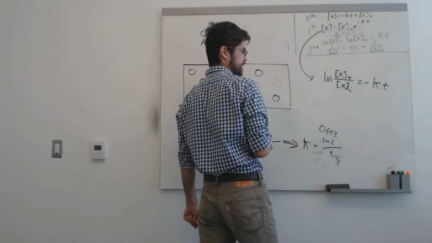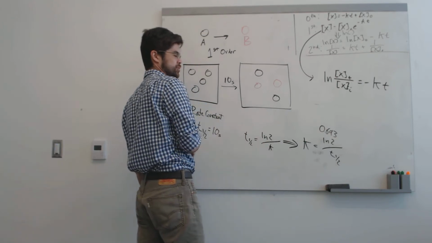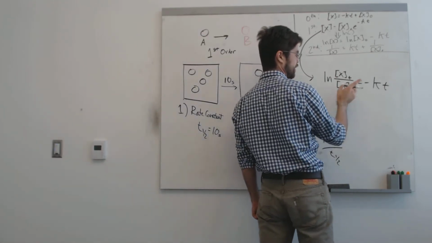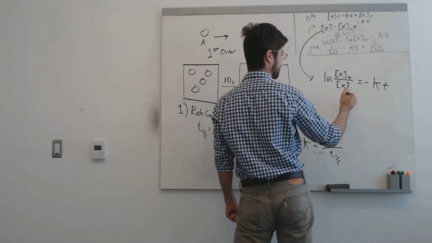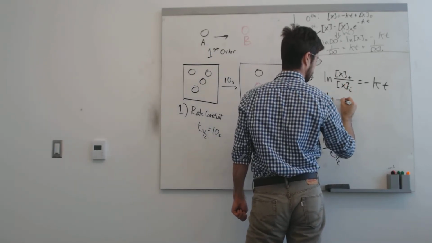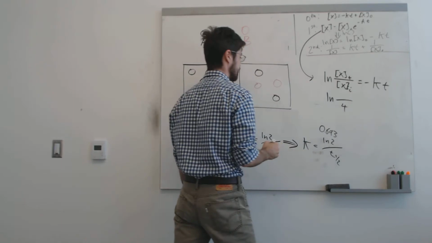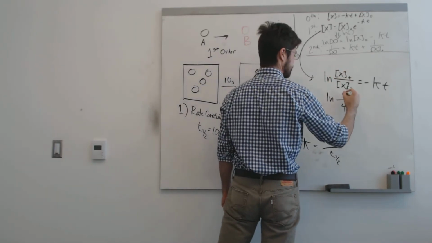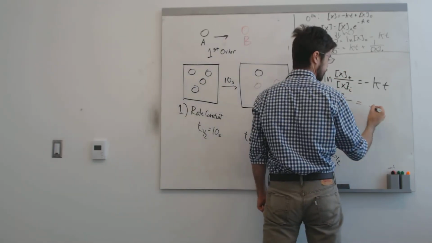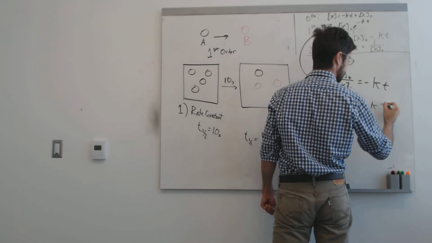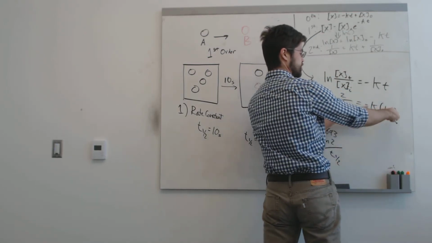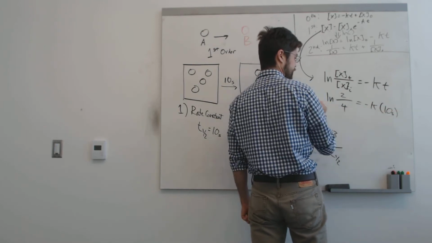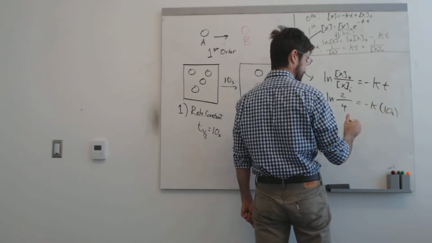So what that person said is they didn't think about it explicitly in terms of half-lives. They said, well, I know the initial concentration might be 4, and I know the later concentration is only 2. I know the time is 10 seconds, so I can just divide that over here. So I can divide by 10, and I also divide by -1.